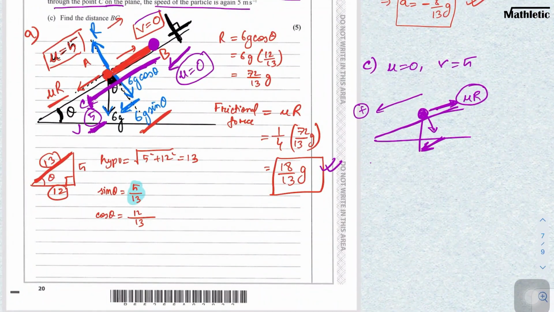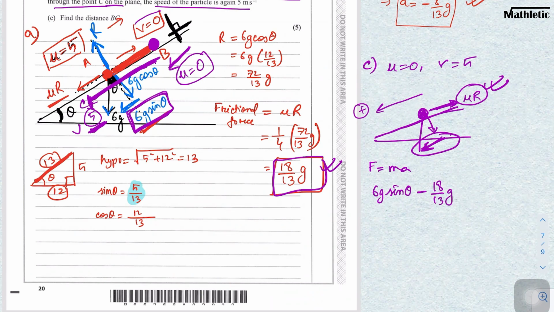So if I apply F equals ma, the component of the weight, which is this one, 6g sine theta, is positive, and the frictional force is negative. It's acting up the plane now. The frictional force value is the same, 18/13 g, equals ma.